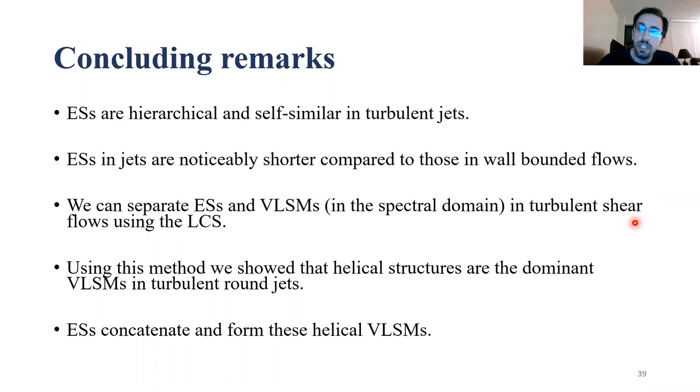We can use the linear coherence spectrogram to separate the eddy structures and VLSMs in any turbulent shear flows. And using this method, we showed that the helical structures are the dominant VLSMs in turbulent round jets. And the way it works is apparently that eddy structures concatenate and form these long helical VLSMs.